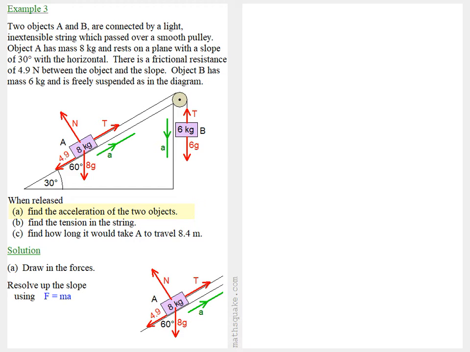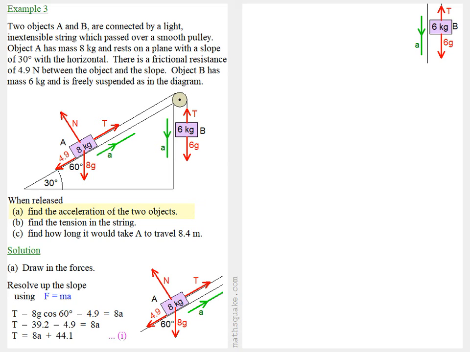So we have T minus 8g cosine 60 minus 4.9 equals 8a. And that evaluates as T minus 39.2 minus 4.9 equals 8a, or we can simplify it, T equals 8a plus 44.1. We can call that equation 1.